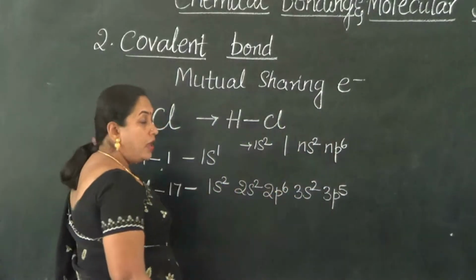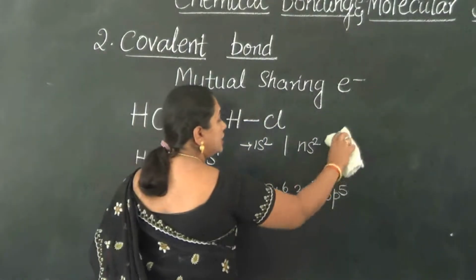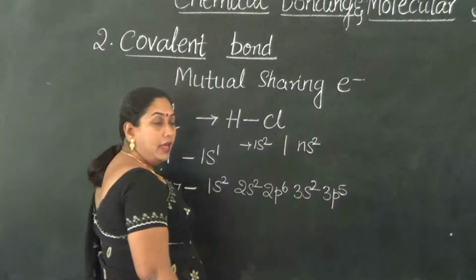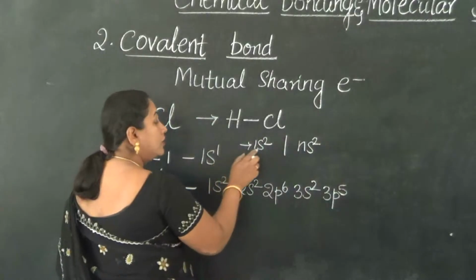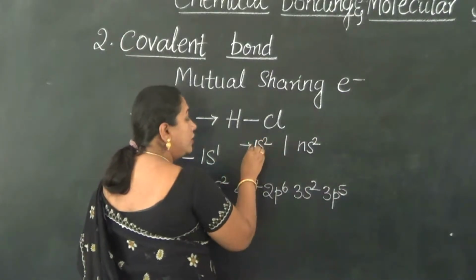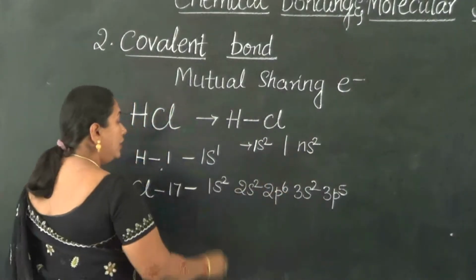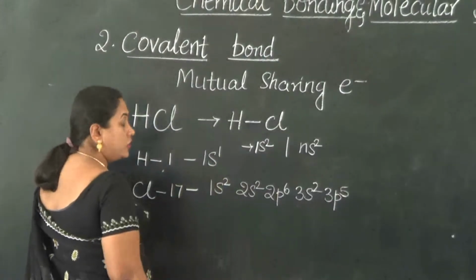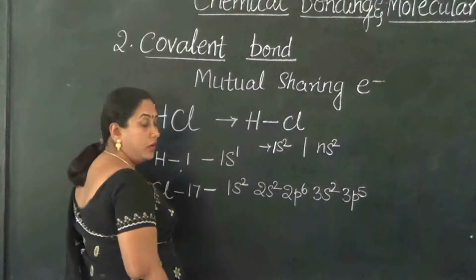So its stable configuration would be just if it fills up the ns2 condition. So how many electrons are required for the hydrogen to achieve this 1s2 or ns2 configuration? It already has 1 electron in its s orbital in the first shell and it requires just 1 more electron.